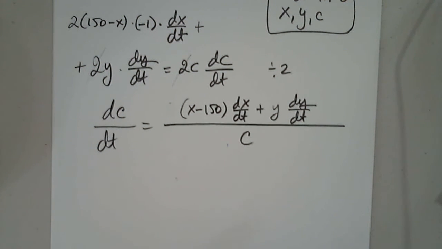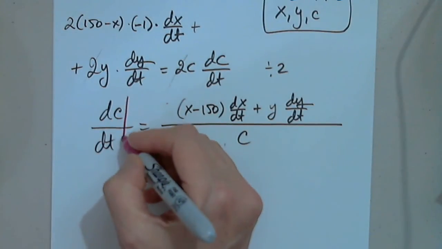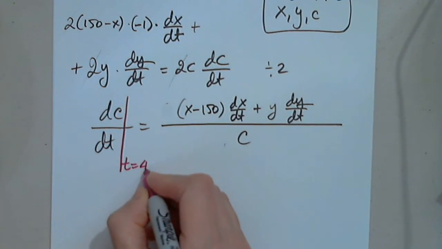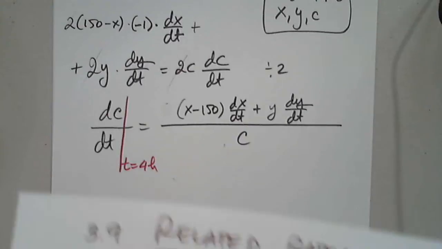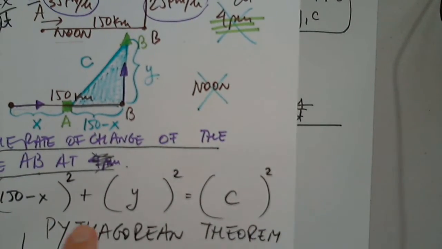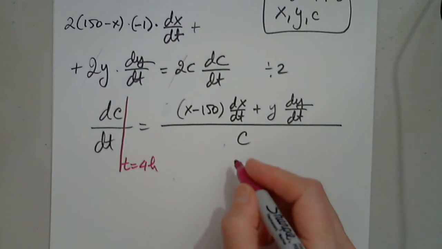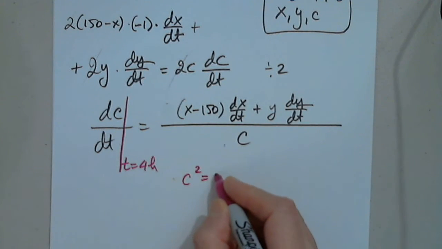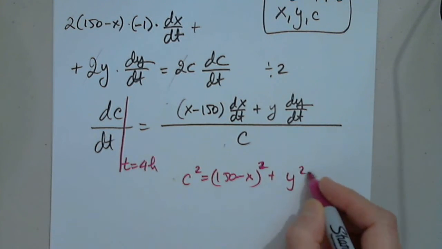I have an expression for the rate of change of distance with respect to time. And now I can say, yes, that's fine. At this point, I can plug it in when I need it. Now, for c, I have to take the square root from both sides. So I have c squared equals 150 minus x squared plus y squared.